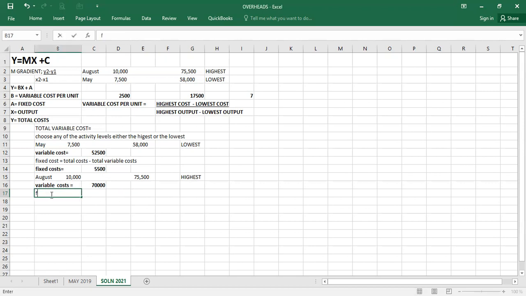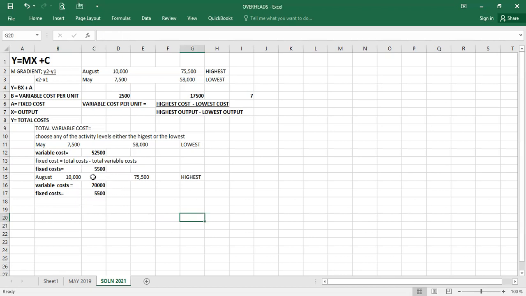So to get the total fixed cost, the fixed costs will be equal to 75,500 minus the 70,000, which is the total variable cost, and it will give us the same total of 5,500, and this is our total fixed costs.